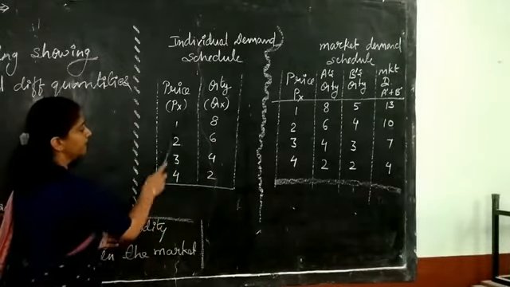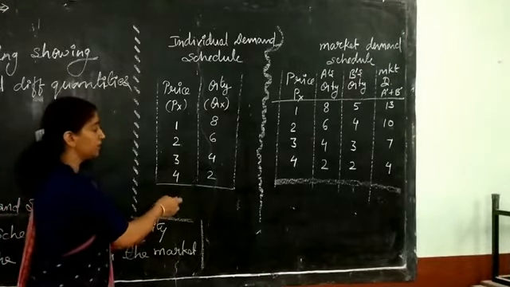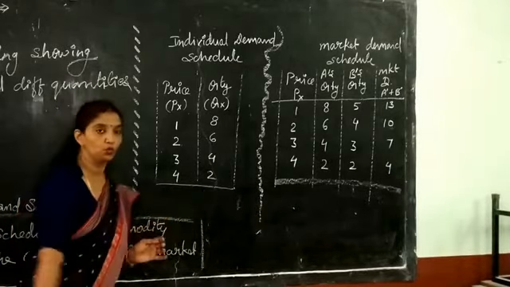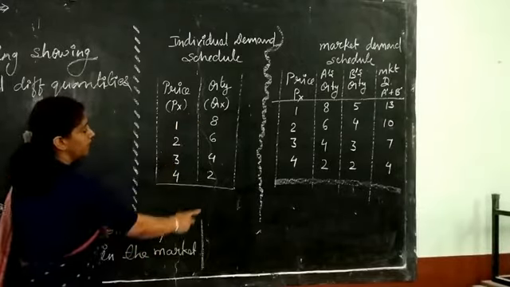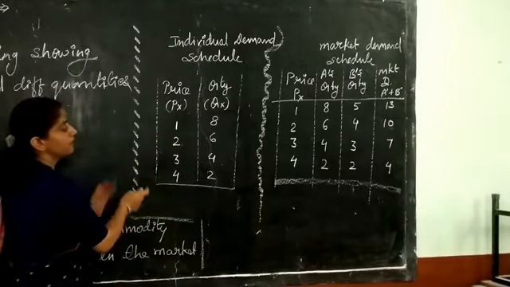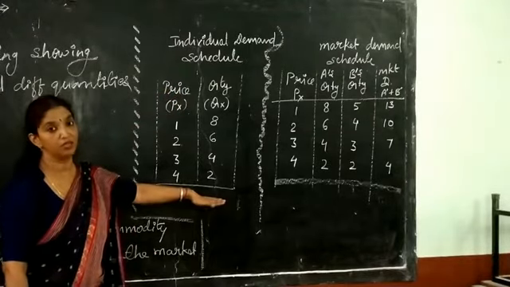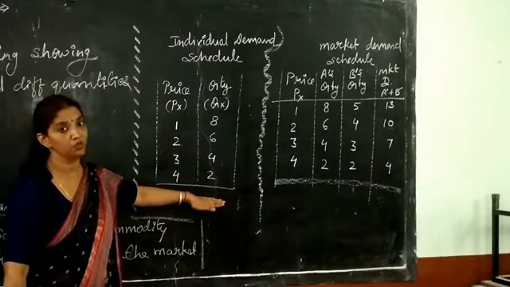At rupees 3, the quantity to be purchased is 4, and at 4 rupees, the quantity demanded is 2. This whole tabular presentation is called the demand schedule, or the demand for a commodity by an individual.